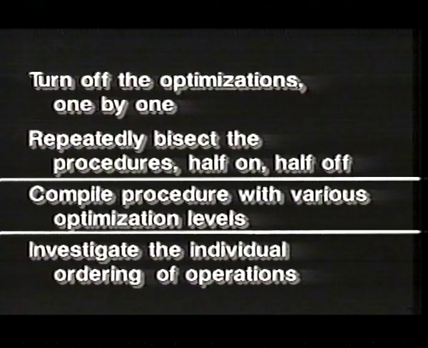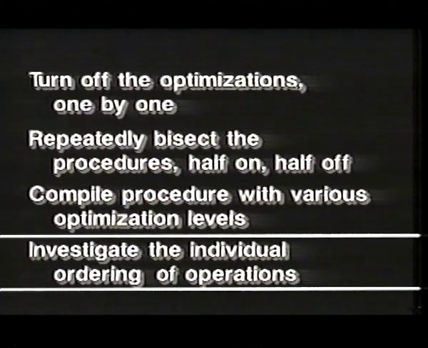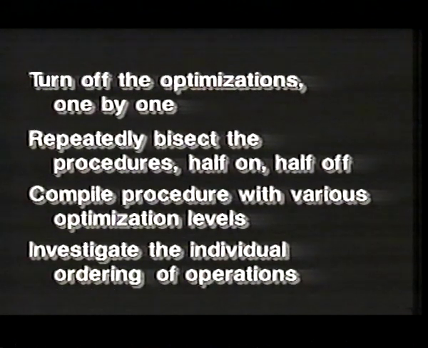Third, you must compile that procedure with various optimization levels, for instance, O0, O1, or O2, to determine what kind of code reordering optimizations are involved in the differences. Finally, you may need to investigate the individual ordering of operations within the procedure to find the numerical instability in the code, if one exists. You can use parentheses to force operation ordering within statements.